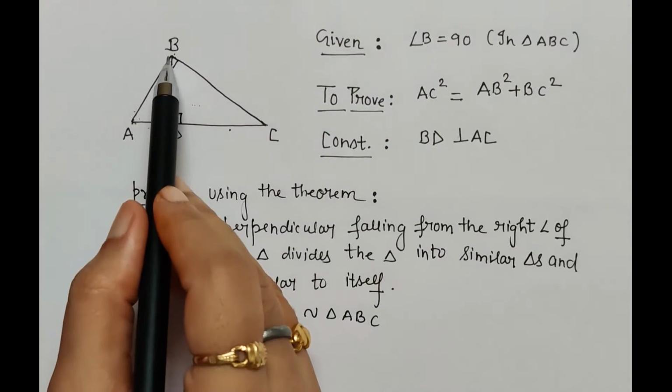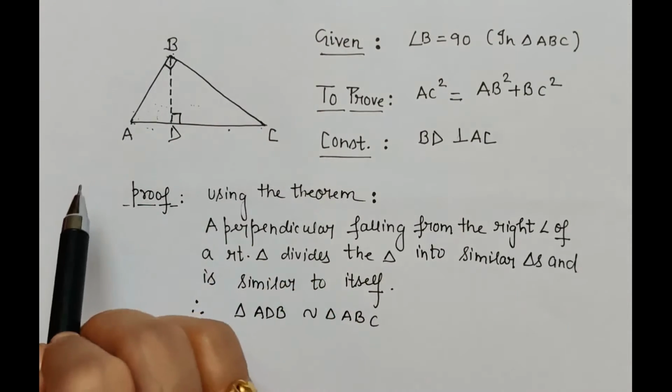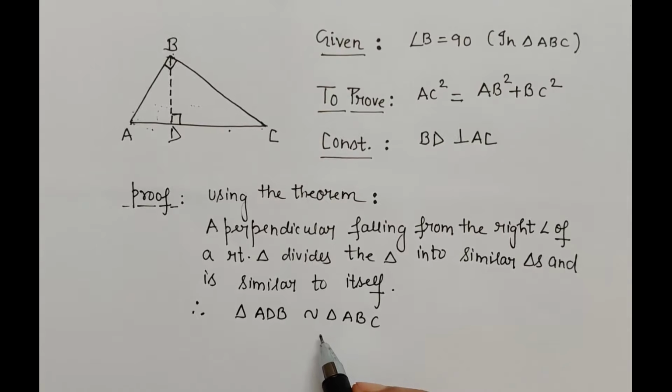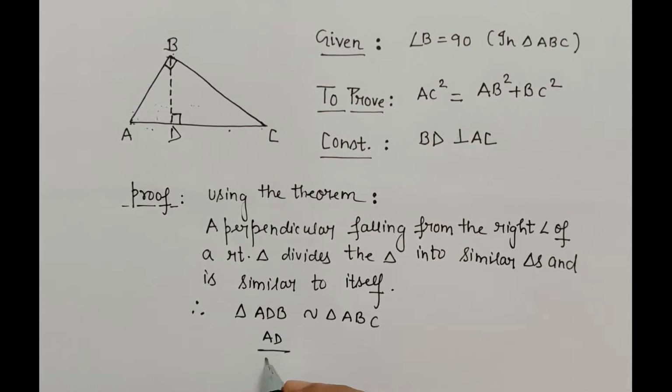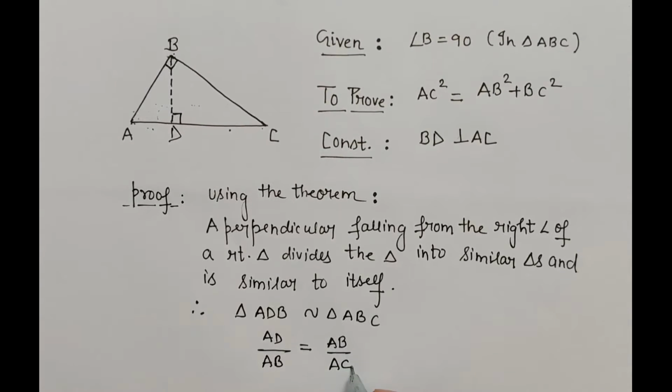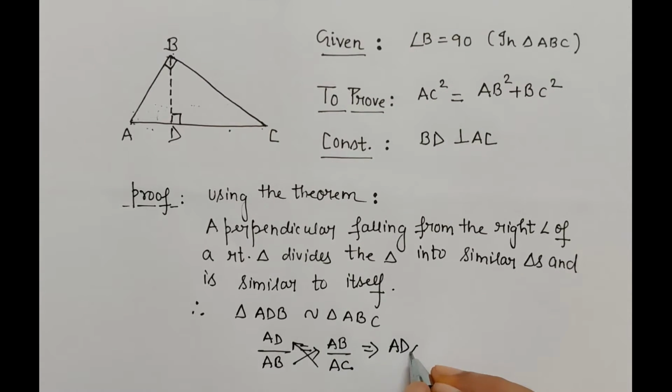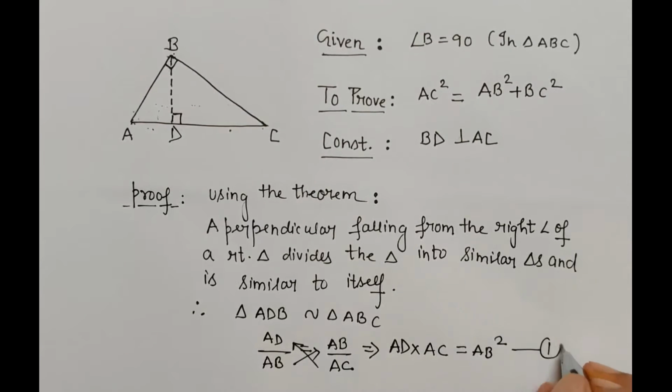Once the two triangles are similar, their corresponding sides are in the same ratio. So we can write AD by AB is equal to AB by AC. From here if we cross multiply, we get AD into AC is equal to AB square, and let us say this is equation 1.